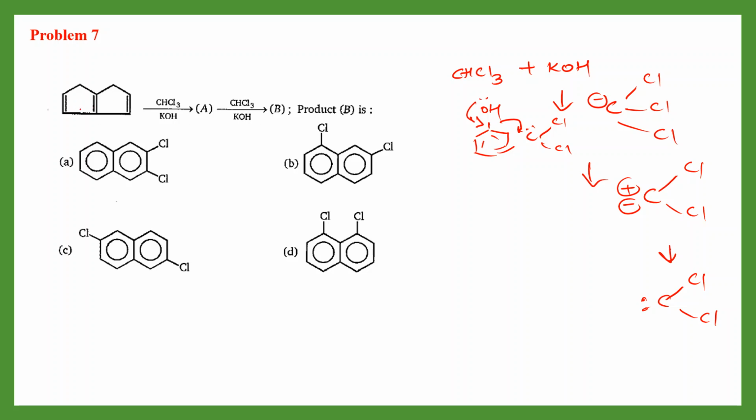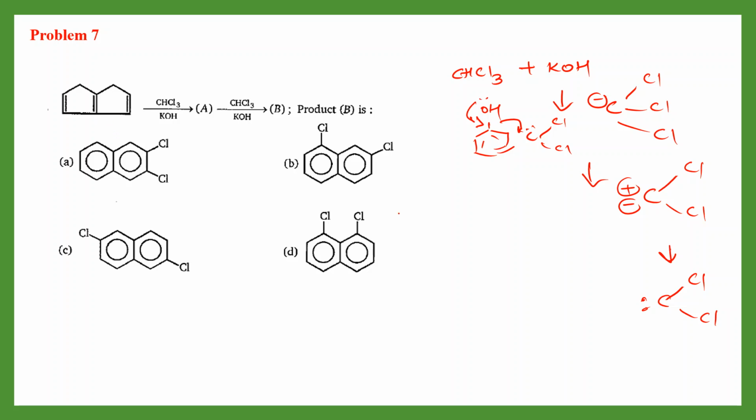Can anyone tell me in this case what is going to happen? The hint is, you have been told only that this is electrophilic. So tell me which is the most electron rich double bond among these three double bonds. Middle one.